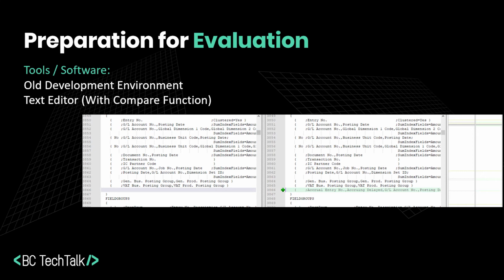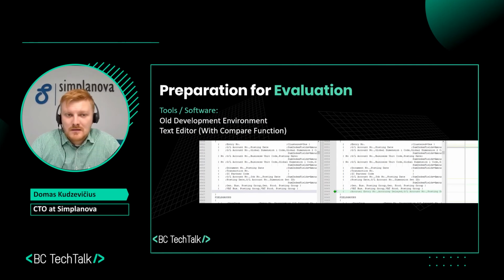As well for that, of course, you're going to need to use the old development environment, as I mentioned before, not only for exporting the text files or the object list, but from time to time you will also need to open the object directly in the old development environment in C/AL, or to preview how the page or report layout looks, or just get a deeper dive into the object and analyze where the references are coming from or going to, and so on.